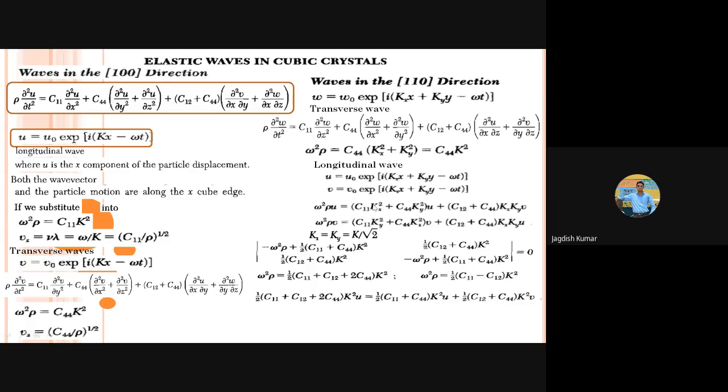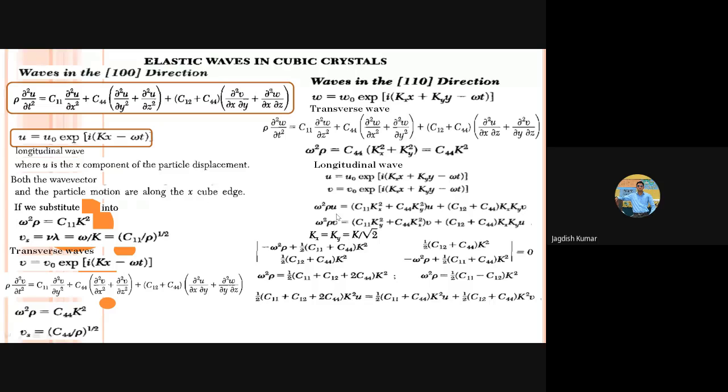What we are doing is substituting omega square rho, this one, into this equation. So by doing so, what you will get is this thing. I hope you can see, this is omega square rho, you put it here. This is your omega square rho taken from here.